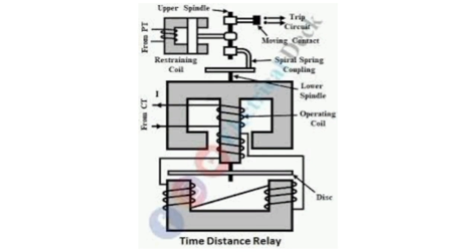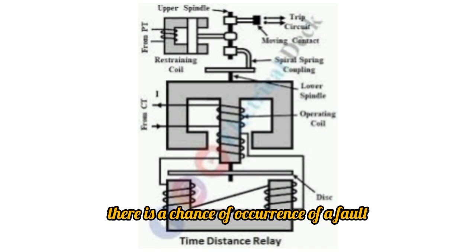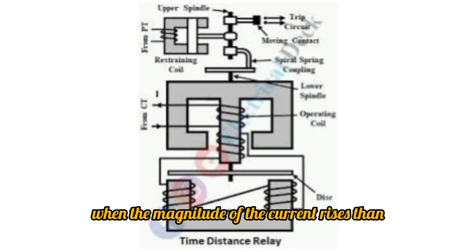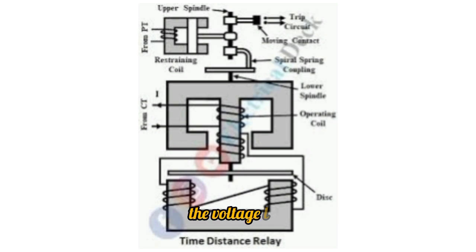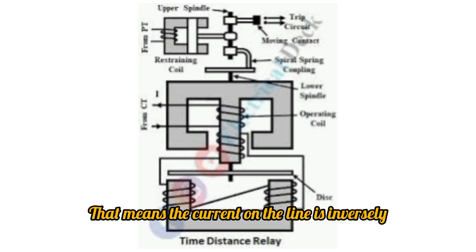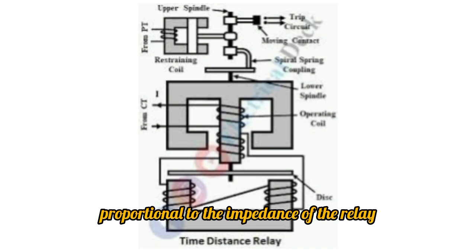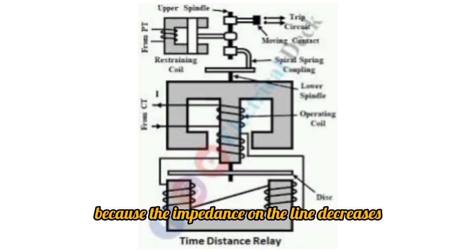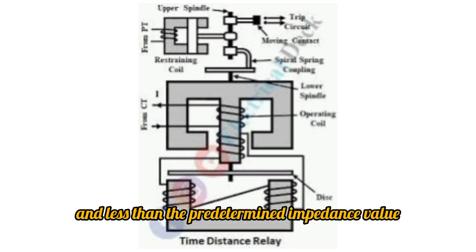Faulty condition. In this condition, there is a chance of occurrence of a fault on the transmission line when the magnitude of the current rises and the voltage becomes less. That means the current on the line is inversely proportional to the impedance of the relay. Hence the relay starts working in this condition because the impedance on the line decreases and is less than the predetermined impedance value.